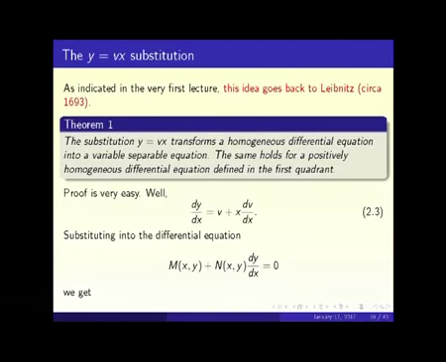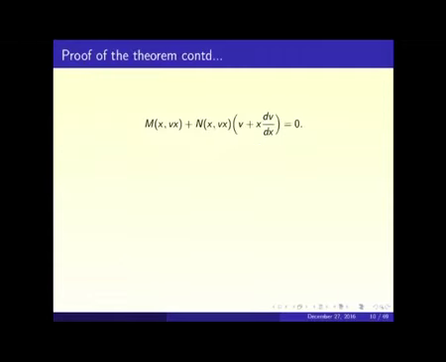What is the assumption? M and N are homogeneous of the same degree k. So put y equal to Vx in this equation. What do we get? We get M of x comma Vx plus N of x comma Vx into the dy by dx, which has been replaced by V plus x dV by dx.